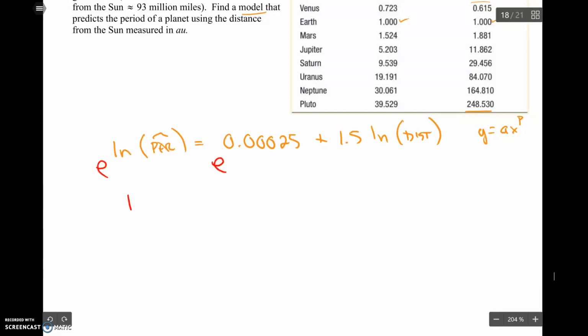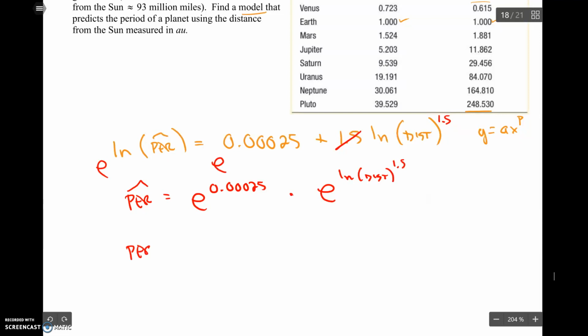This undoes that natural log, so the period is equal to e to the 0.00025 times, let's put this 1.5 in as an exponent inside that log, e to the natural log of distance to the 1.5 power.